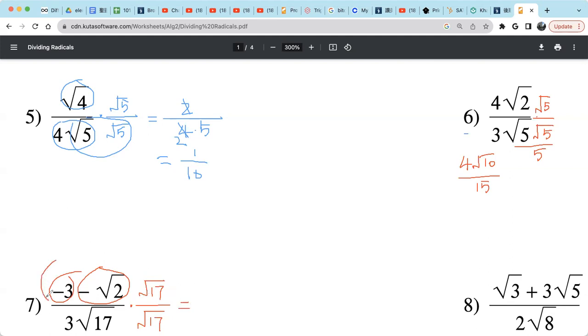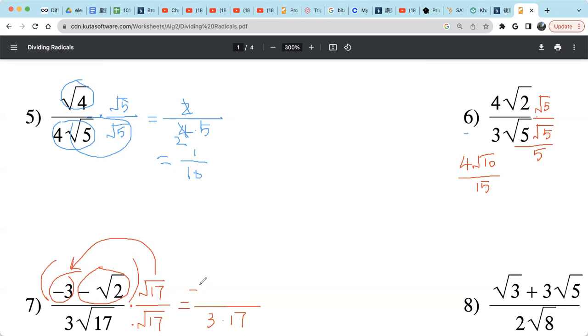But then this square root of 17 has to apply to both terms, to negative 3 and to negative radical 2. So the denominator now, we have 3 times 17. Because the square root of 17 multiplied by itself becomes 17. Then we distribute square root of 17 to negative 3.